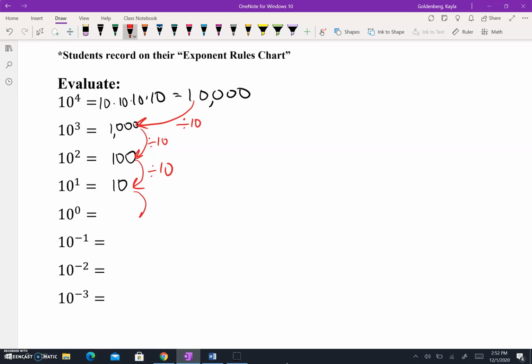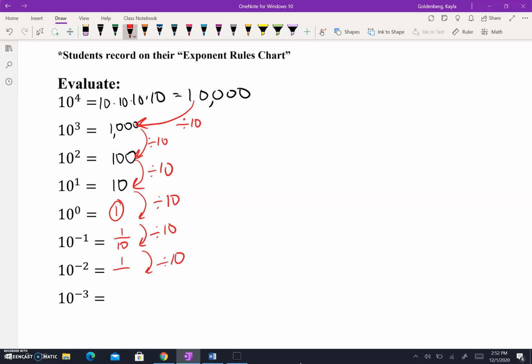So my logical conclusion would be that this next step would be 10 divided by 10 or 1. And then if I continued dividing by 10, I prefer to write this one as 1 over 10, right, like a tenth. This one would be 1 over, if I divide by 10, oops, sorry, it should be a 1.